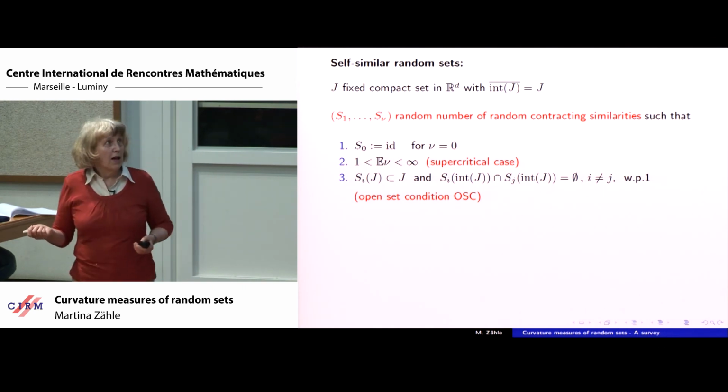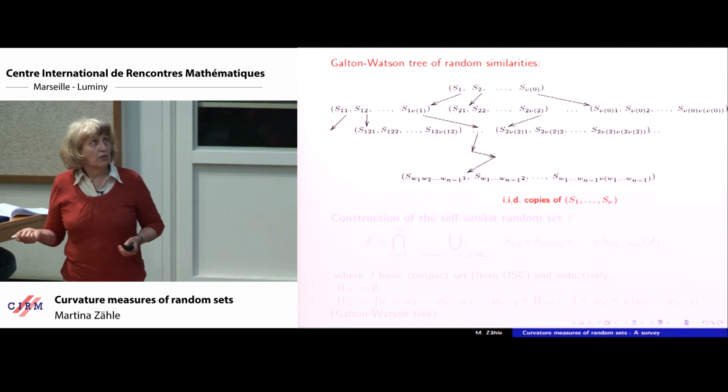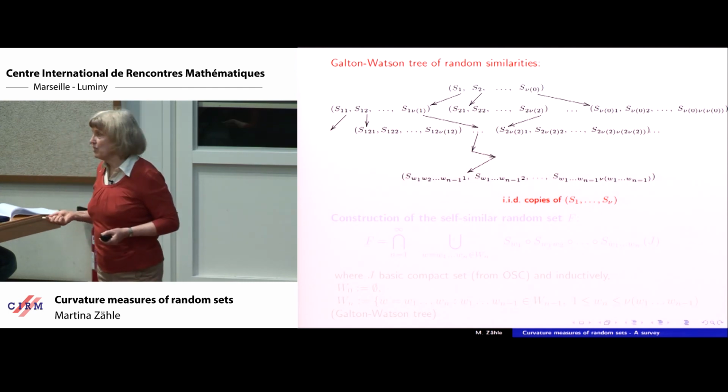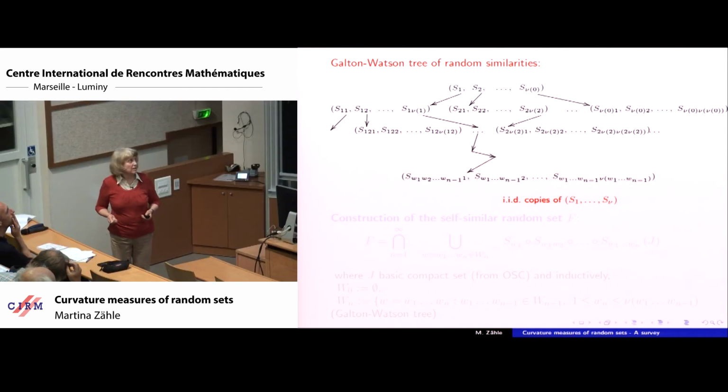Yeah? And then you construct the so-called Galton-Watson tree of such similarities. Namely, you start with one tuple, and then for each member of this tuple, such as S1, you attach a new tuple of the same type with the same distribution of similarities. To S2 you also attach another tuple, and you need two indices now.